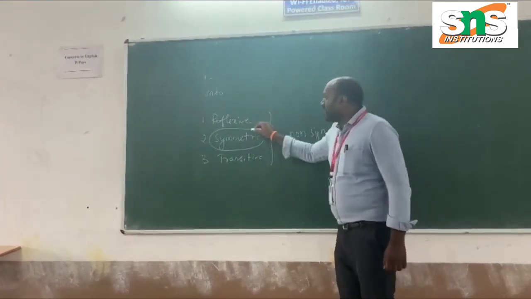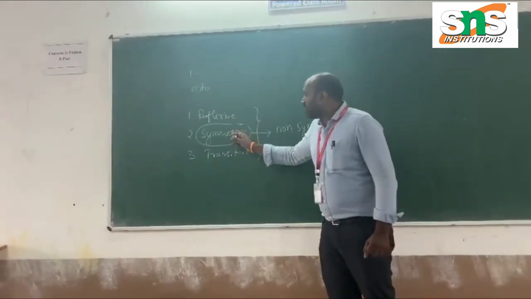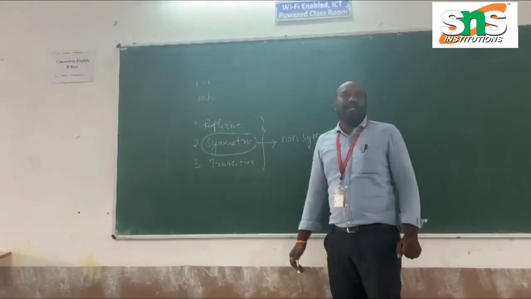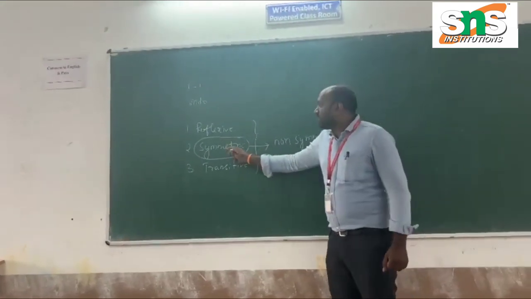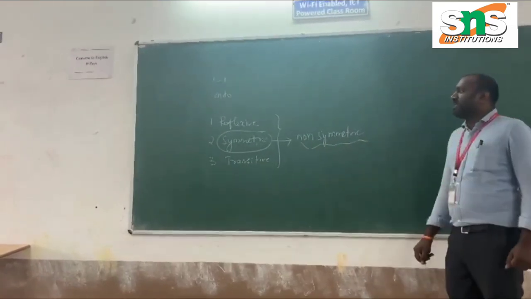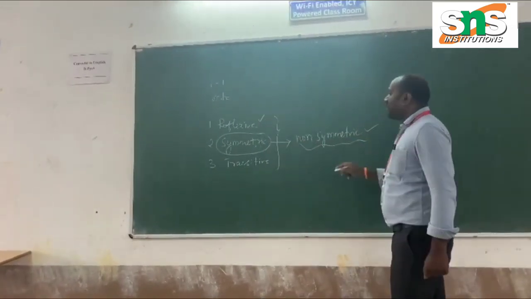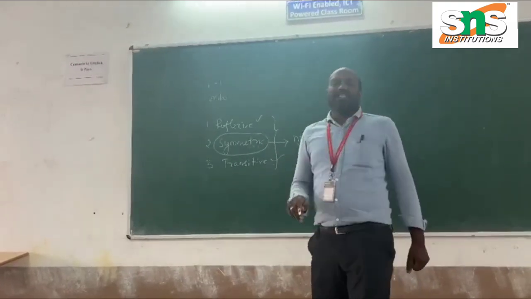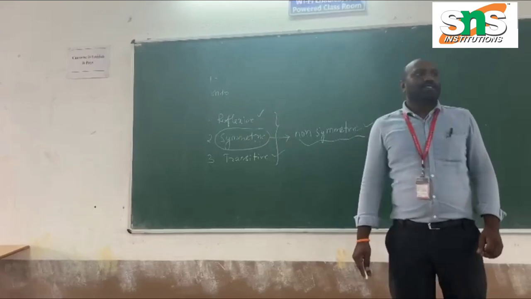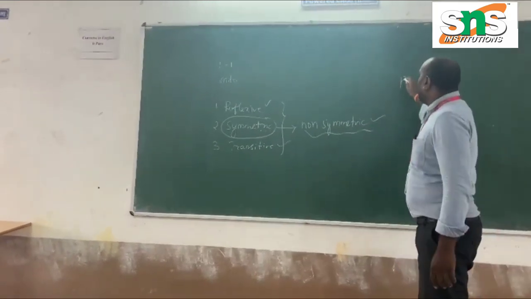So if reflexive, symmetric and transitive are satisfied, that is an equivalence relation. If only the symmetric condition is not satisfied, the relation is reflexive, non-symmetric and transitive, and when these three conditions are satisfied it is called a partially ordered set, a poset.